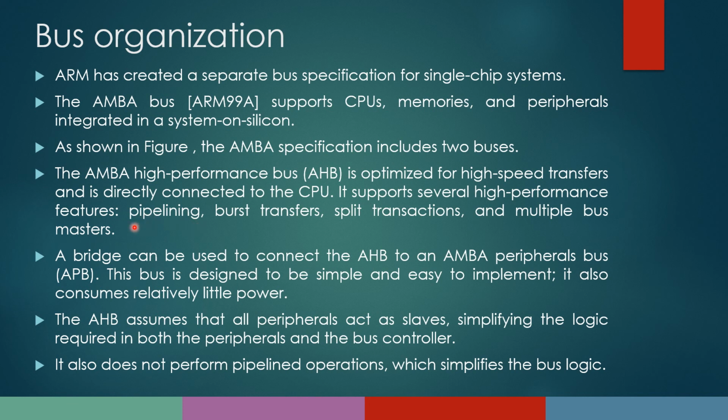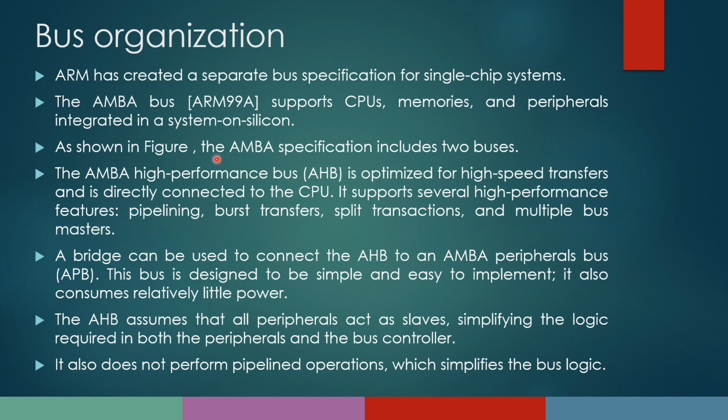For example, it can support a pipelining mechanism, burst transfer, that is where we require sequential transfer or high-speed data transfers, split transactions, that is occurring simultaneously, say where we have to get the acknowledgement signal for high-speed data transactions, and multiple bus masters.